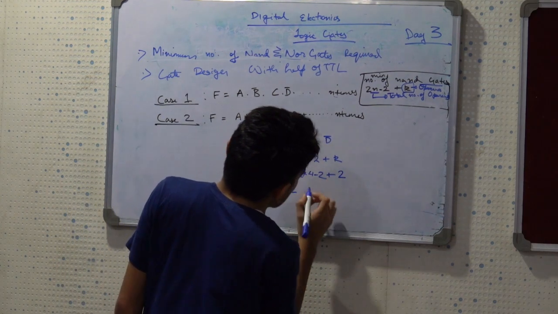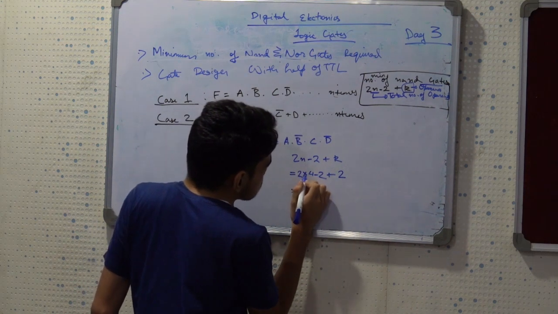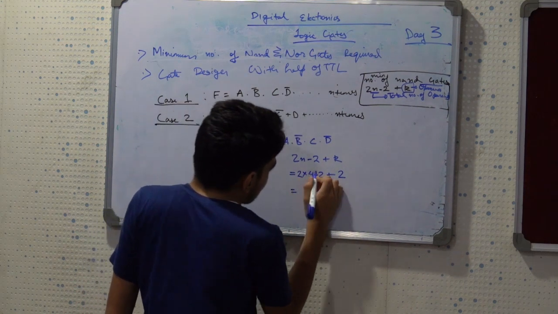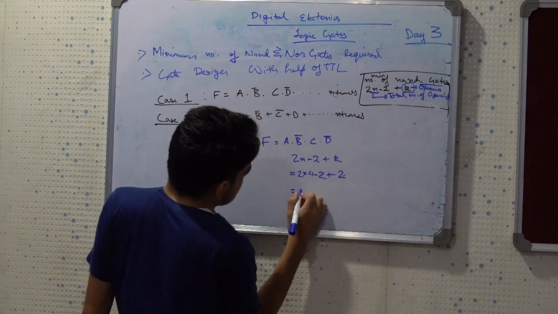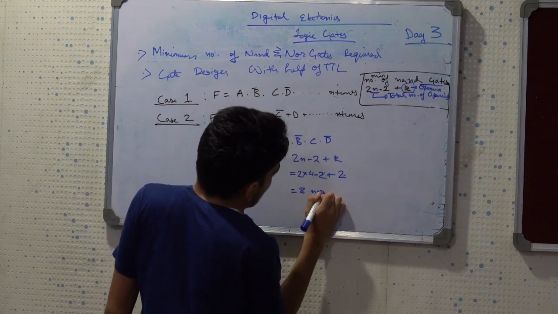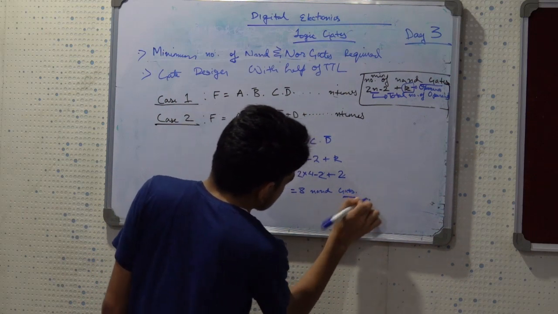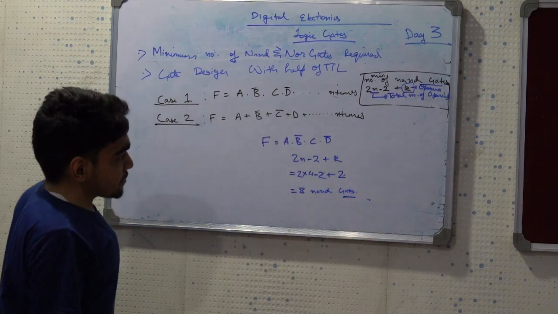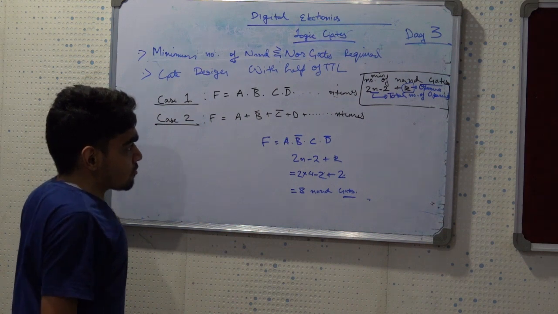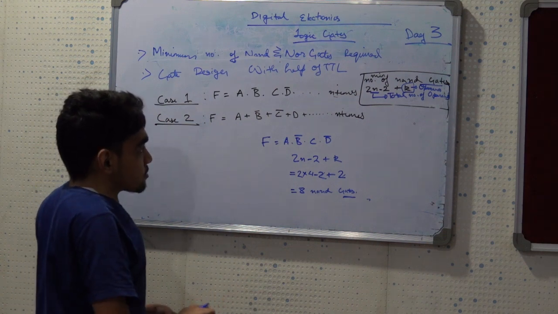Solving it, 2 into 4 is 8, and the minus 2 and plus 2 cancel, giving 8 NAND gates. This is how we find the number of NAND gates.